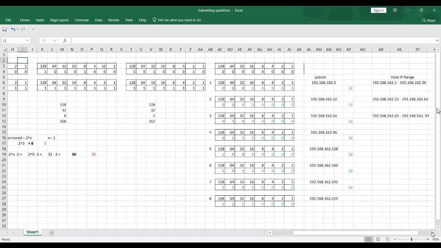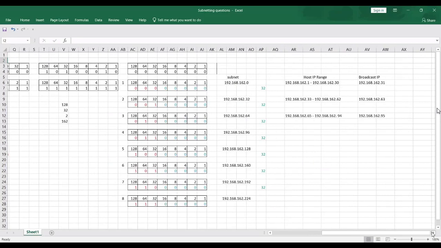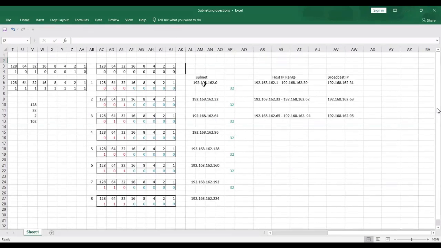Now if I go further, I consider the first subnet. We know that when we increase the host side bit by 1, that is the first IP address, 192.168.162.1.